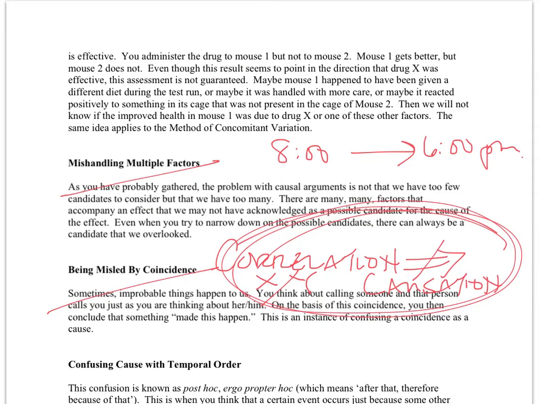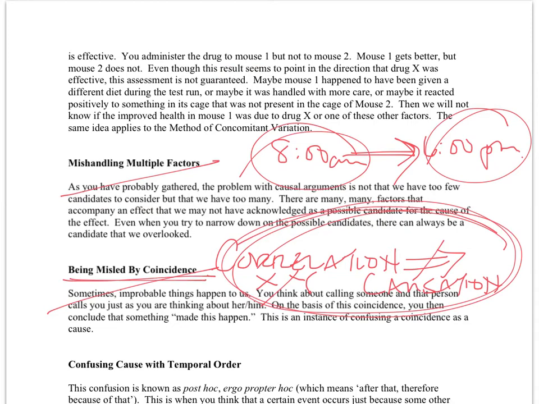Now, there is a correlation between walking your dog in the morning and then subsequently it getting dark at 6 p.m. But despite the correlation, and despite how many times you witness the correlation, it doesn't mean that your walking the dog is causing it getting dark outside. So this is just an illustration of how a mere coincidence certainly doesn't mean that you have a causal relation.